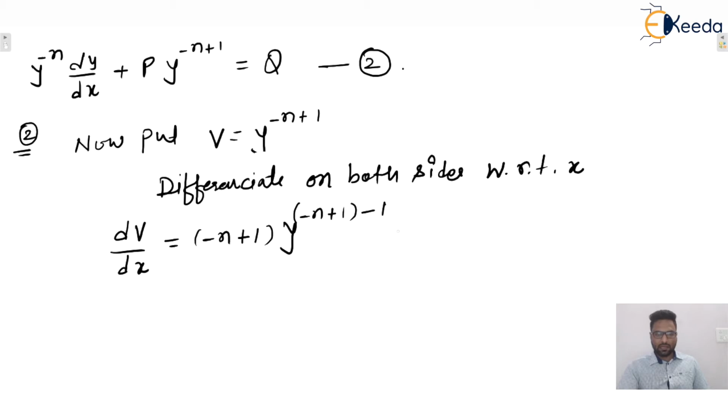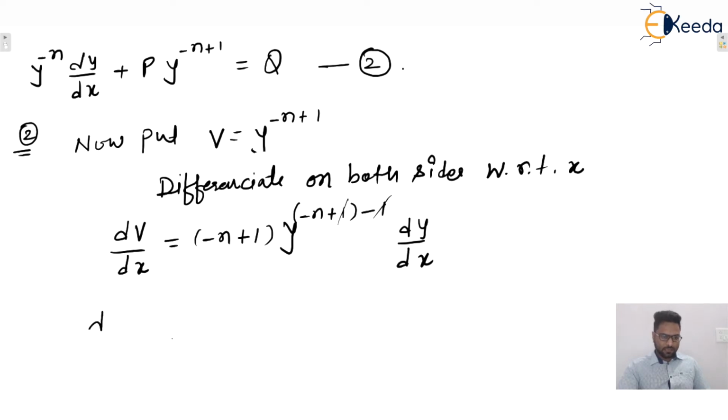And finally, differentiation of y with respect to x will be dy by dx. So this power will come at the front and minus 1 will be there in the power. That is the differentiation, you know very well. So plus 1 will be cancelled out with minus 1.